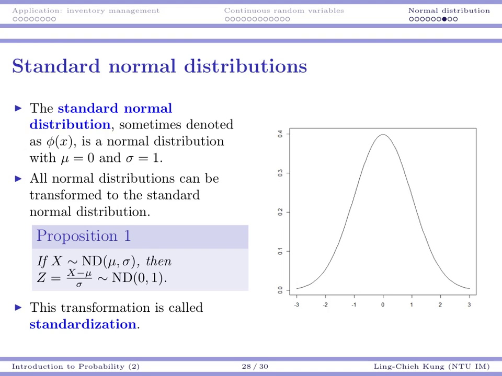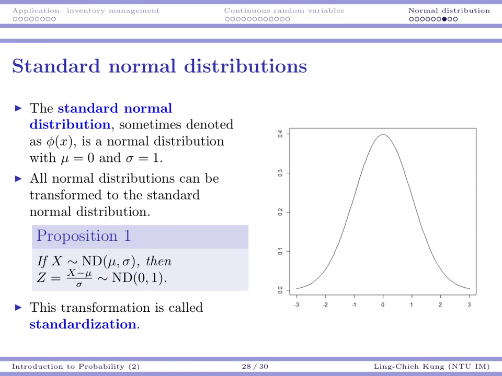There's one specific thing called standard normal distributions. Okay, it's simply the normal distribution with mean 0 and the standard deviation 1. Now, when these two numbers change, your curve will shift to the left or right. Your curve will become flatter or not.